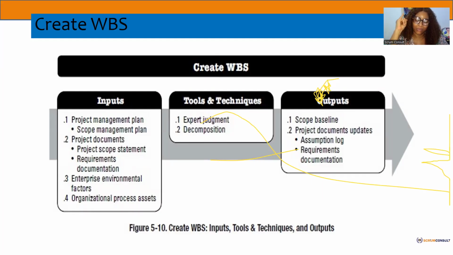There are about 6 of them. What are they? Number one, impact assessment. As a project manager, when there's a new need for change, when a change request has been raised, you have to check the impact.